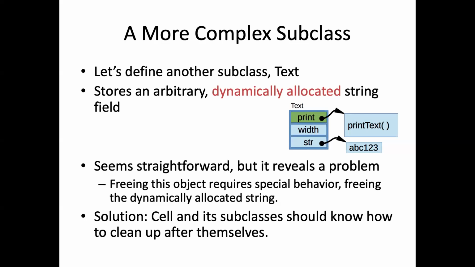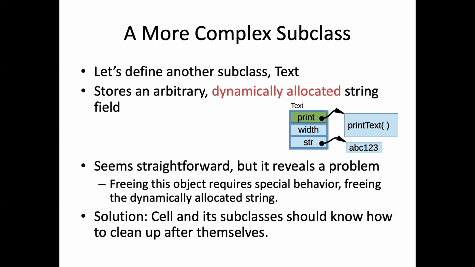We've got the same thing here. For text, it needs to free the memory for the string, and then free the memory for the text object itself. So this is like what we saw with the print function. The right way to free space for an object depends on the object.